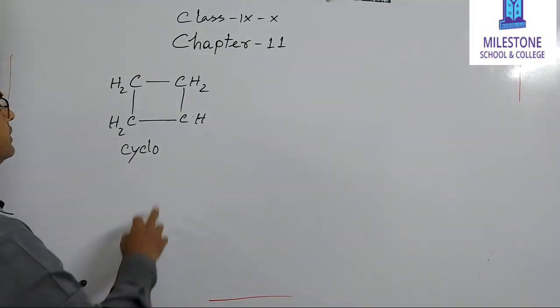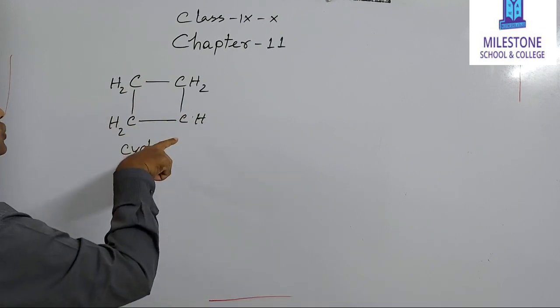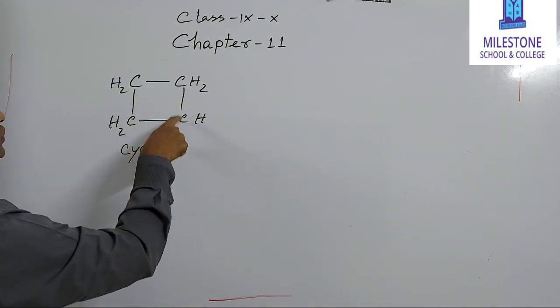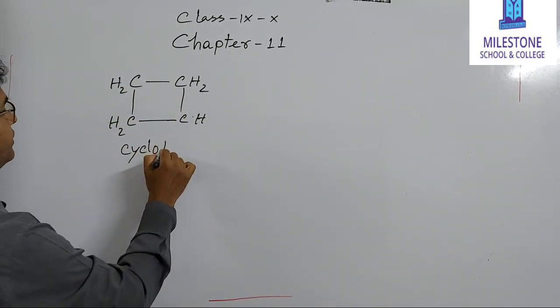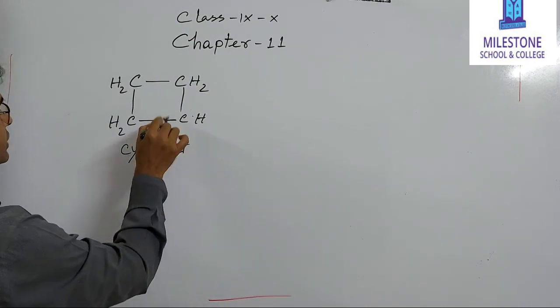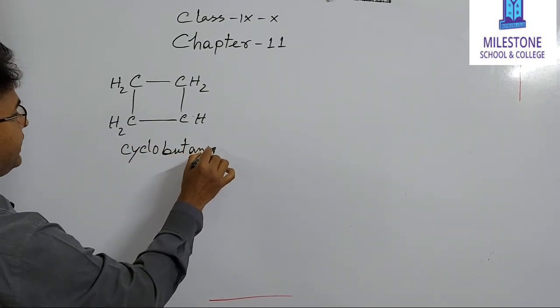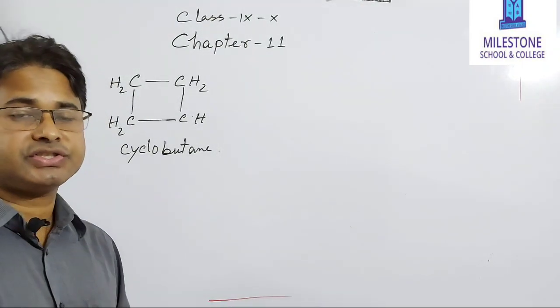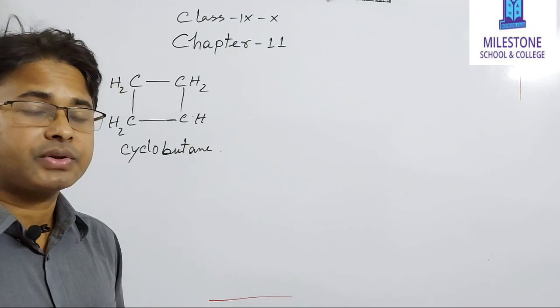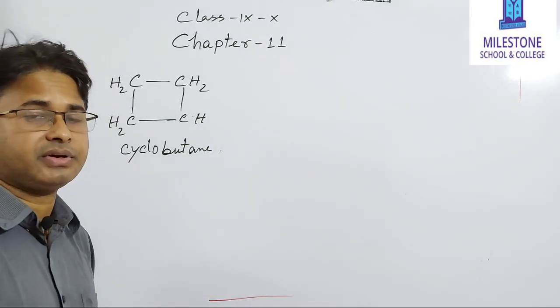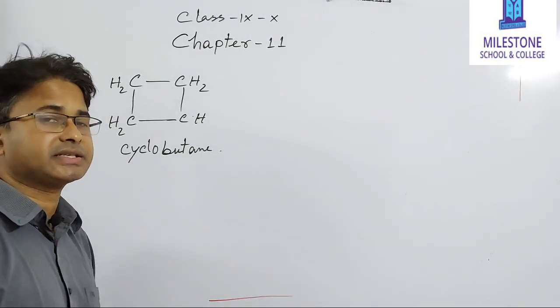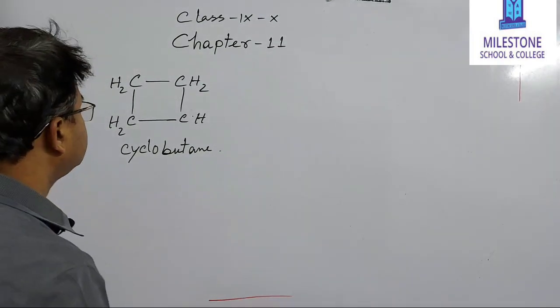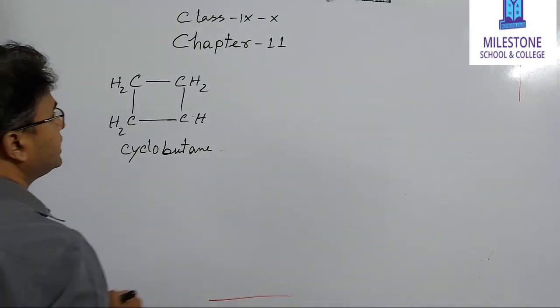Then this is but, because 1, 2, 3, 4, cyclobut, and due to carbon-carbon single bond it will be ane, cyclobutane. Dear students, I will teach you about the naming process of organic compounds in my next lecture. However, this is cyclobutane.